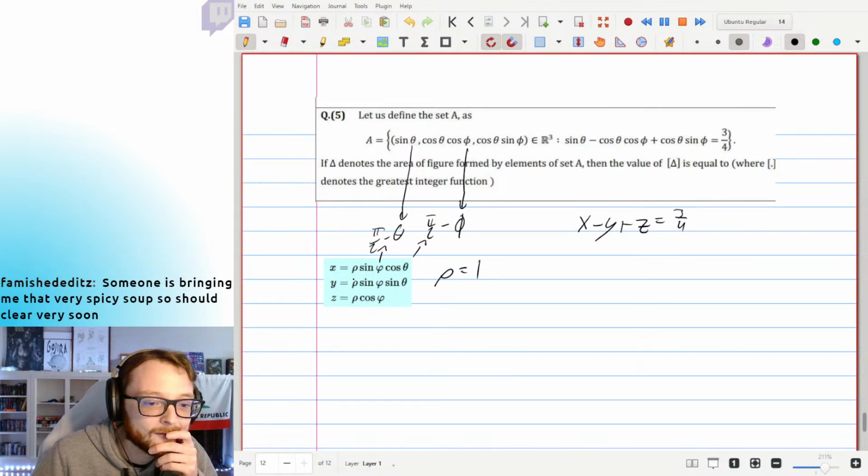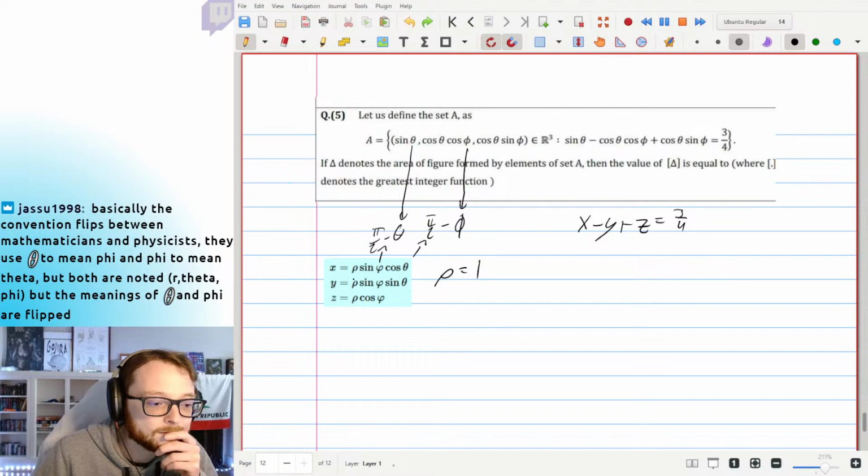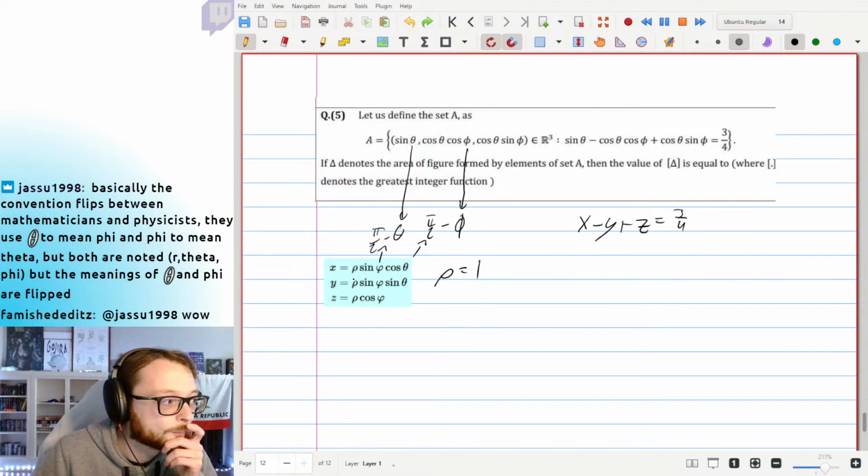Either way, they're going to cover the entire range of possible values that we care about, I think. Now, this constraint does affect us. It's a sphere of radius 1, I think, but with a piece cut off somehow.